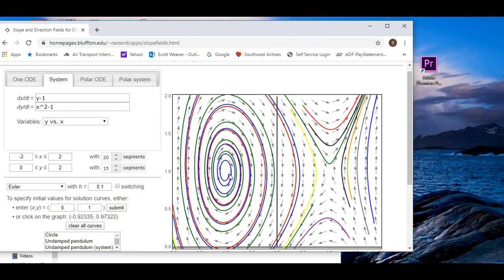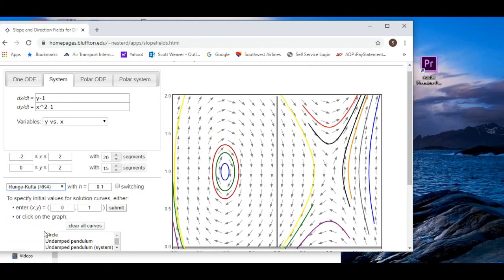Now, you may have expected a more stable orbit than this. However, depending on the method that you use, it may not actually come out as stable as it should. Notice that under Euler's method, it ended up spiraling outward. That's because of Euler's errors. But the Runge-Kutta method is able to better display the actual stable but not asymptotically stable nature of this.